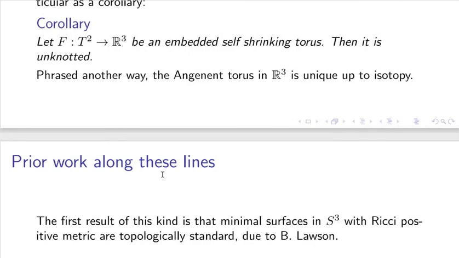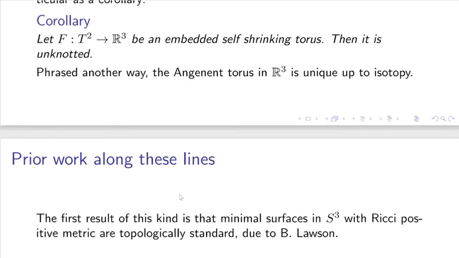So, prior work along these lines: the first result of this kind, at least to my knowledge, is that minimal surfaces in S3 with Ricci positive metric are topologically standard. For example, in the round metric, this is due to Blaine Lawson. In fact, I think this paper is where he proposed the Lawson conjecture.